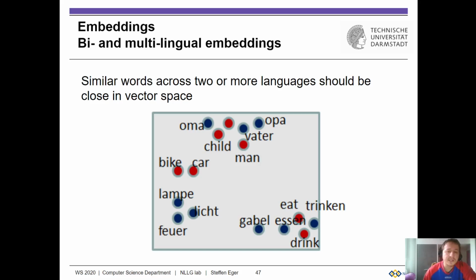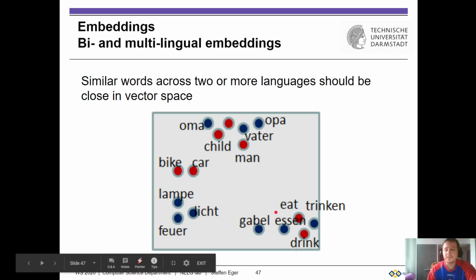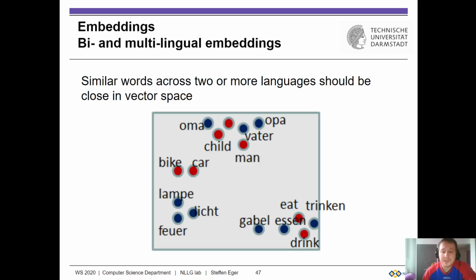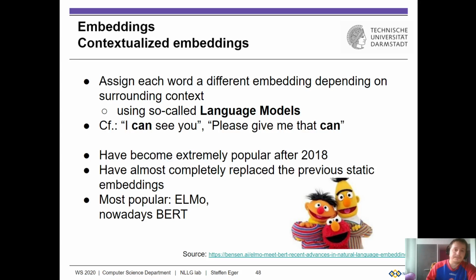Then once you've trained this, you can apply this not only to English but also to German data, because your features are in a shared space, so that if it sees the word trinken, it would know that this is very similar to the English word drink, which it has seen in the training data. So by having a very similar feature representation, we would also have a very similar classification or decision of the machine learning model. Good.